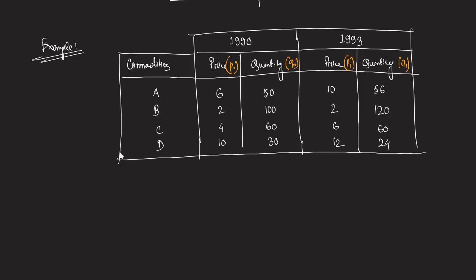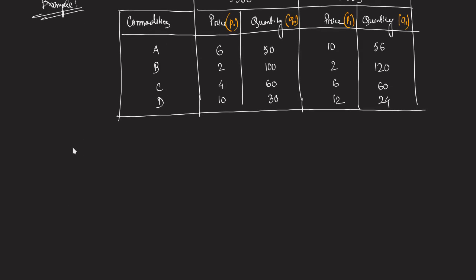Now we have to calculate the price indices using our formulas. Let me write them in symbols. The first one, P01 Laspeyres, is summation P1 Q0 by summation P0 Q0 into 100.